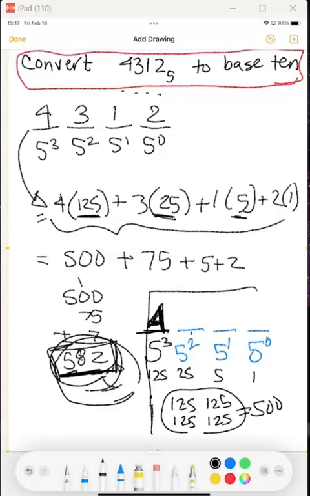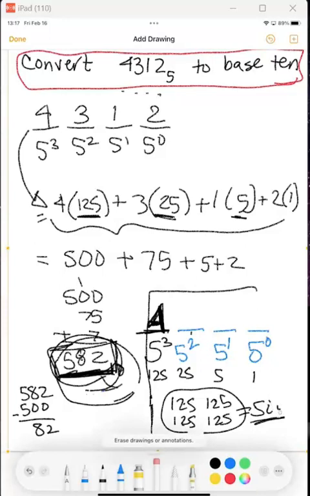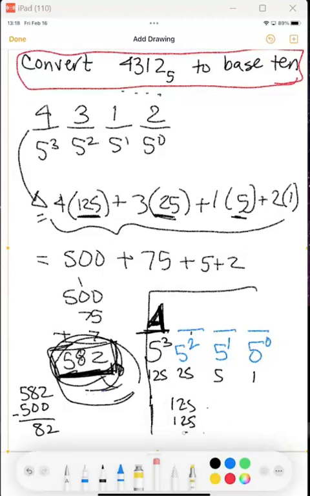So I had 4 of these, 500 goes into base 10 582. You keep tabs on how much you've accounted for. I've accounted for 500, I have 82 left to figure out. So how many 25s go into 82?